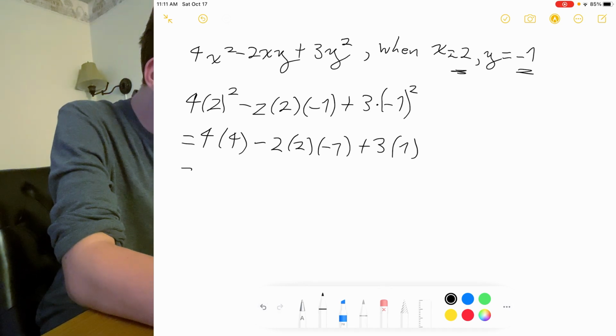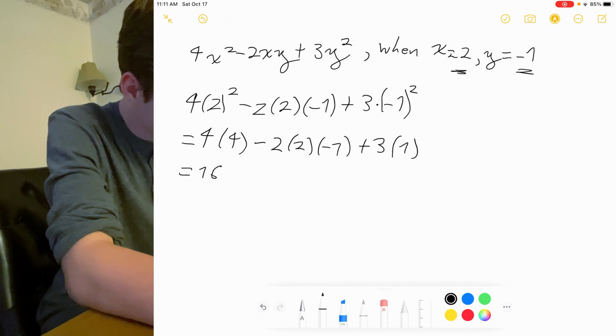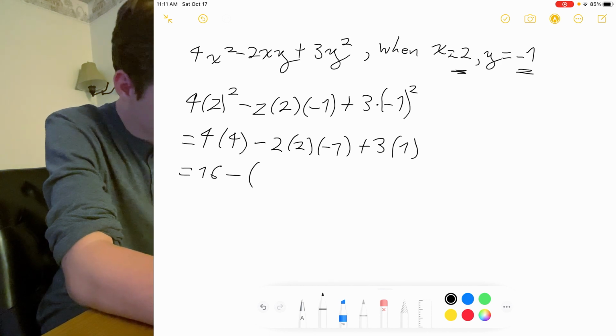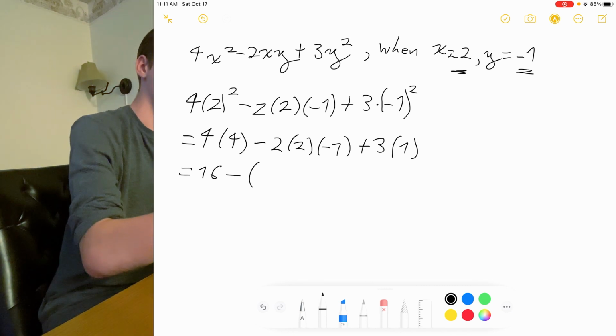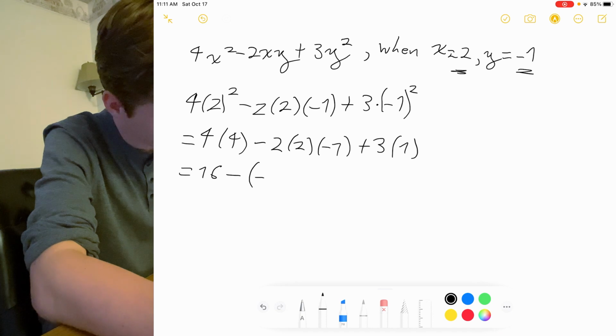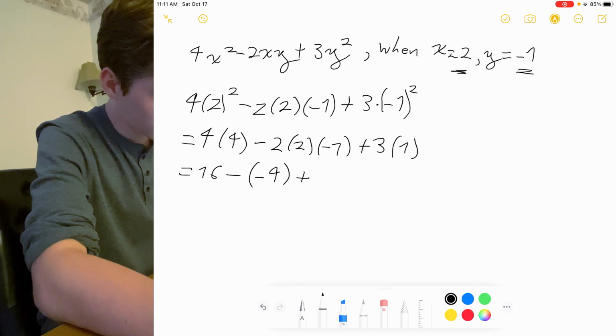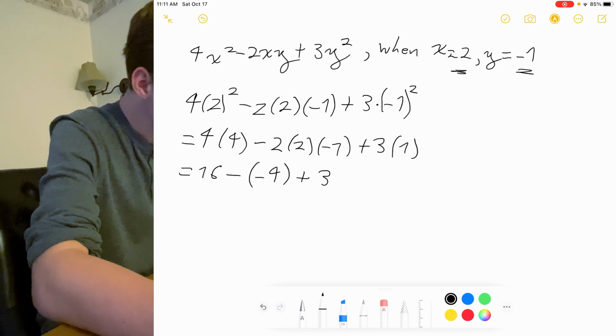Okay, now we're going to do all our multiplication. So 16 is 4 times 4, minus, and I'm going to put this in parentheses, 2 times 2 is 4, 4 times -1 is -4. Then we're going to add, and 3 times 1 is just 3.